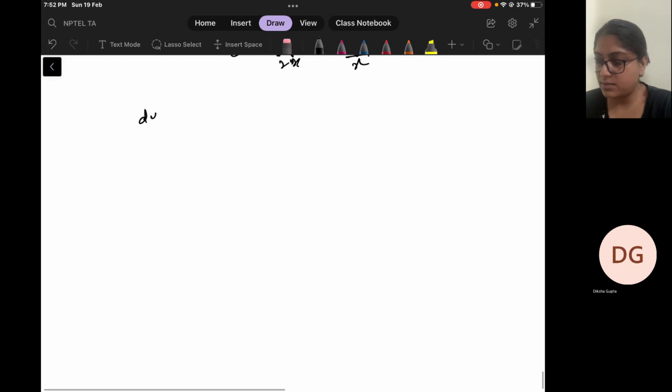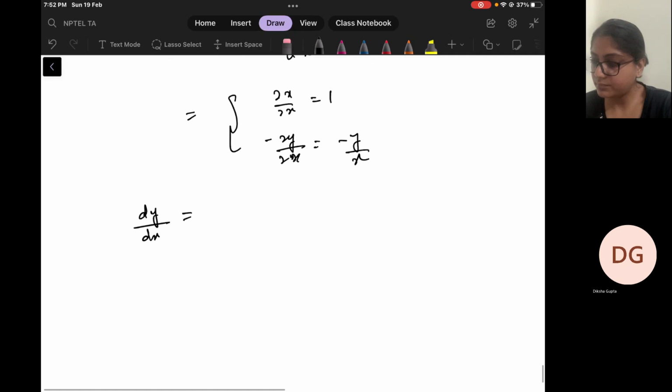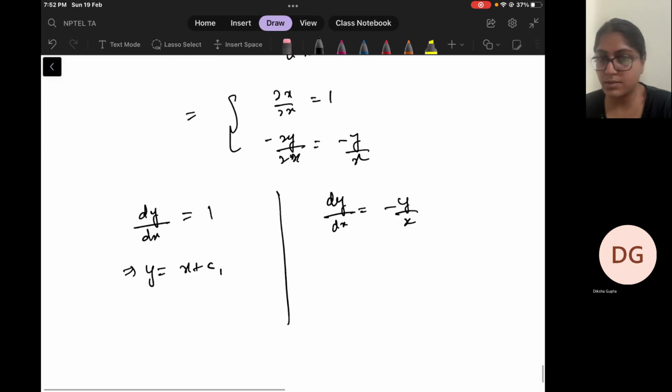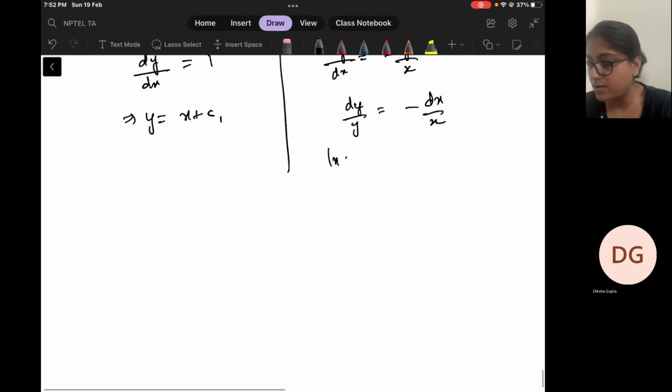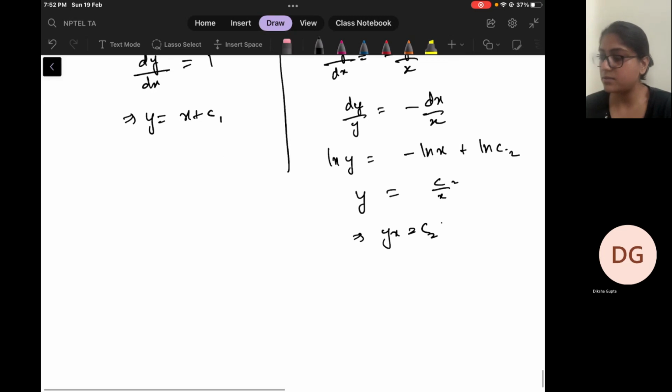So our characteristic PDE we can say is y is equal to x plus c1, and dy by dx is equal to minus y by x, which is dy by y is equal to minus dx by x, and integrating, we get log y is equal to minus log x plus log c, equal to c by x. Y implies yx is equal to c2.